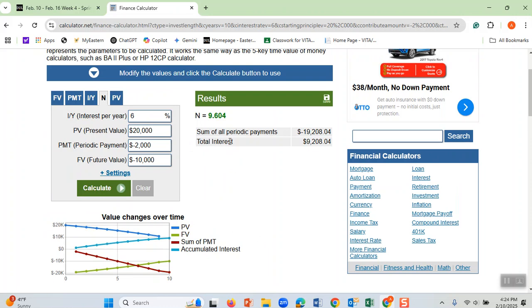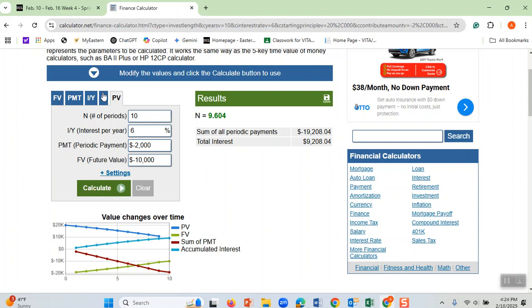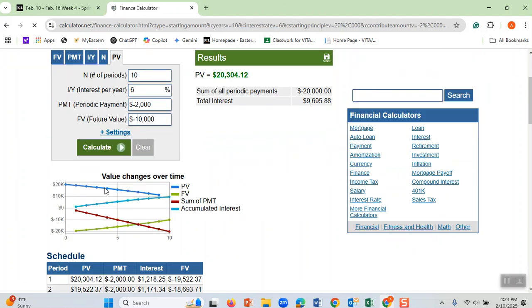And then one last calculation I want to show you, and that is the present value. Let me make sure that all the numbers are okay, and I click calculate. The meaning of this present value is that if during 10 years, when the interest rates are 6%, Amazon pays me $2,000, and at the end Amazon tells me that it will owe me $10,000, how much money in today's money should I give to Amazon?